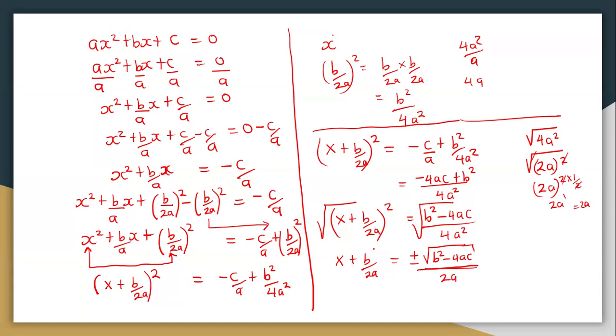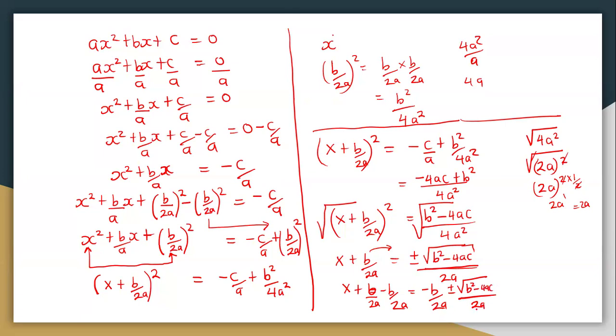So what I'm going to do, I'm going to take my b the other side. Since this side is positive, I will say x plus b out of 2a minus b out of 2a is equal to negative b out of 2a plus or minus the root of b squared minus 4ac out of 2a.